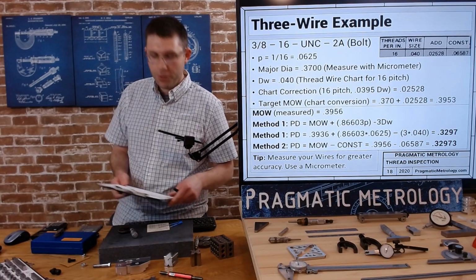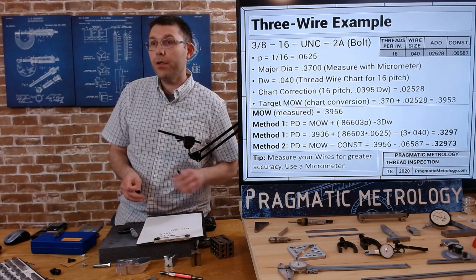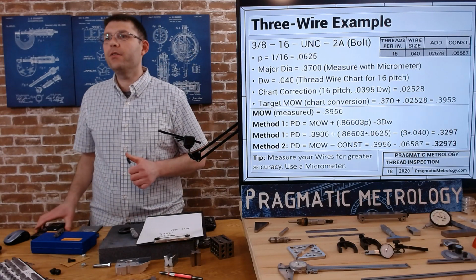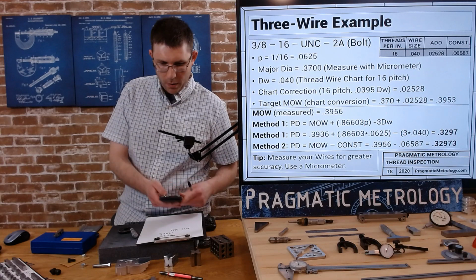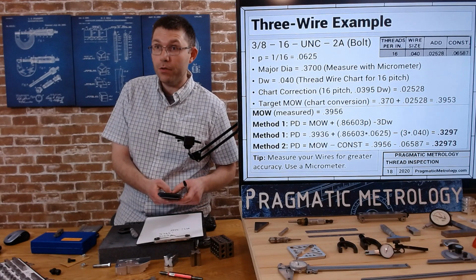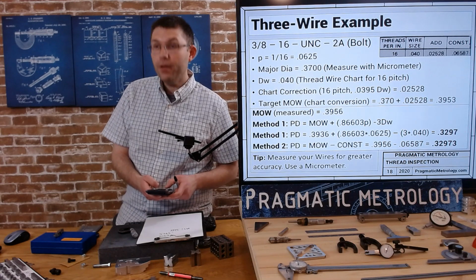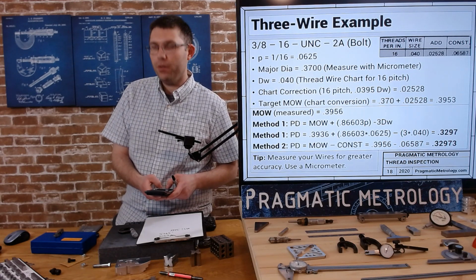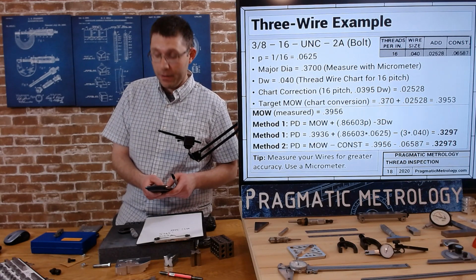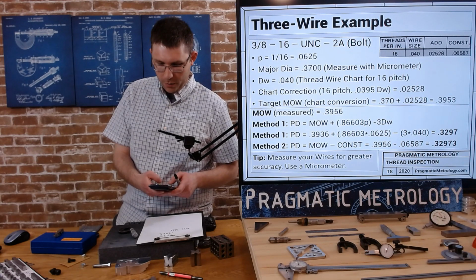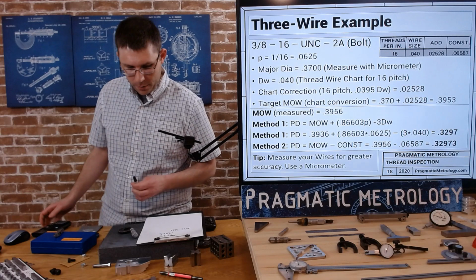And method 2, we're going to do the measurement over the wires minus the constant. So our measurement over wire is 0.3925. The constant is 0.06587. That constant comes from the chart. And that is 0.32663.